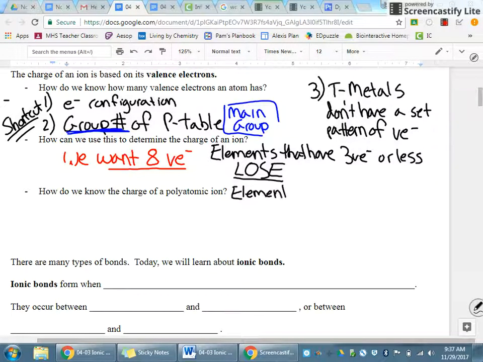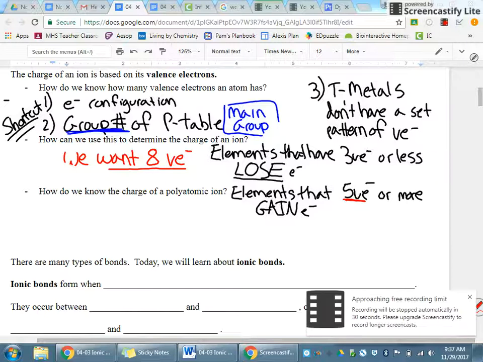Elements that have 5 valence electrons or more are going to gain electrons, because that will give us 8. It's easier to add 3 electrons to 5 than to take away 5 valence electrons. Remember, when we lose electrons, we become a cation. And when we gain electrons, we become an anion.